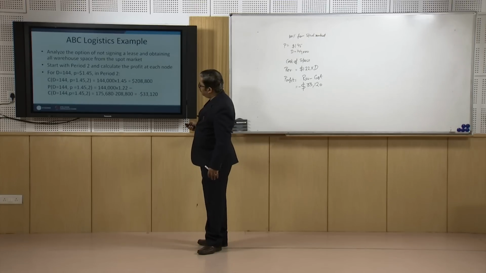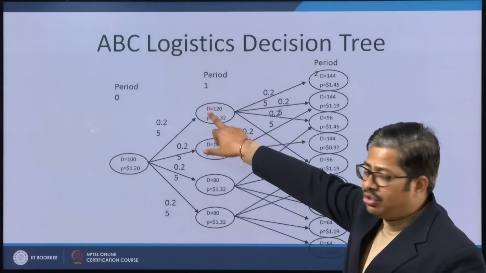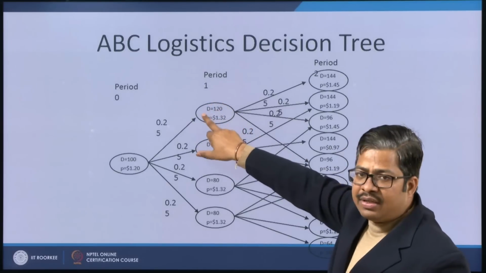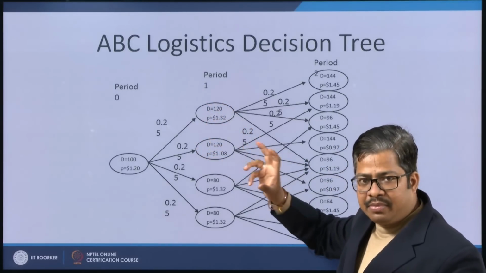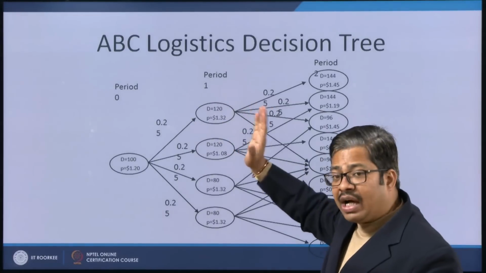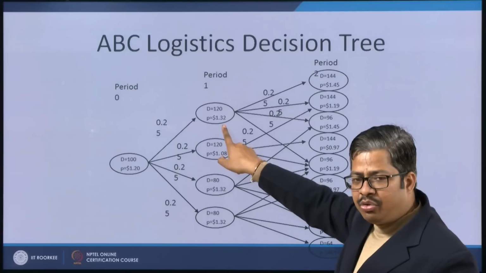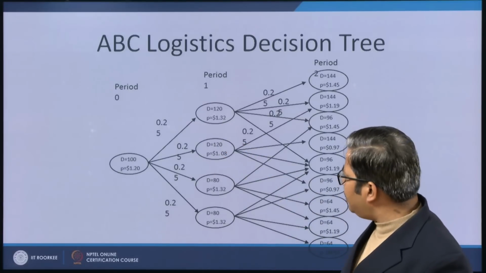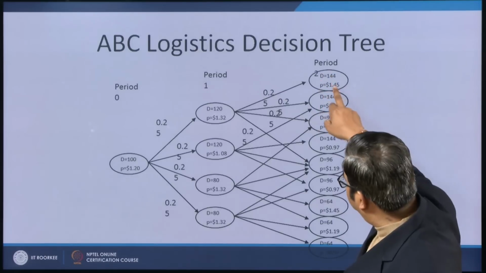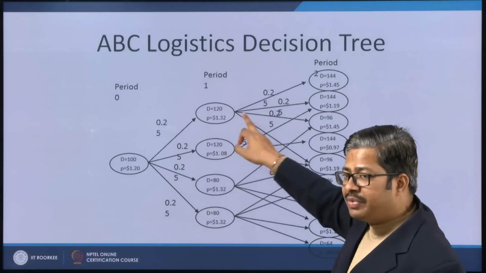Now, when I am talking of period 1 and this is one node, so when I am trying to determine the profit at this, what is the actual profit because of these things, 120 and 1.32 is the spot market price, and the present value of various expected profits which are coming from this state.